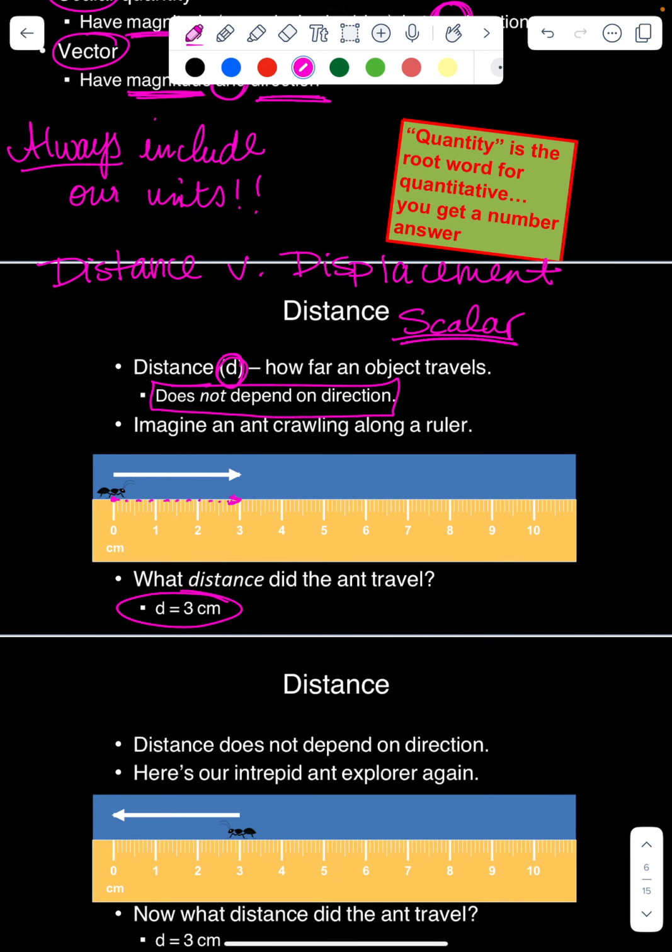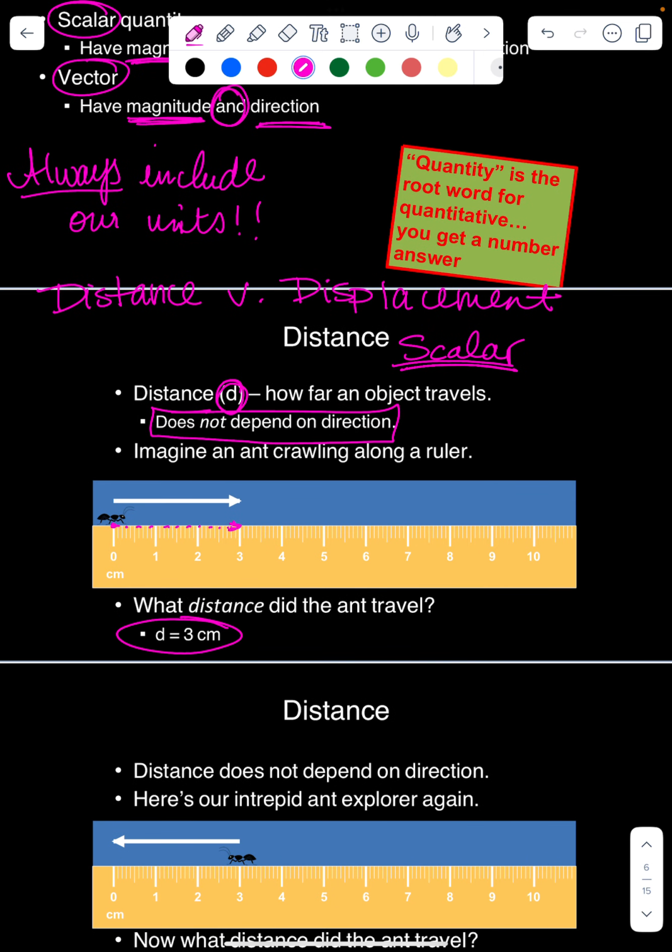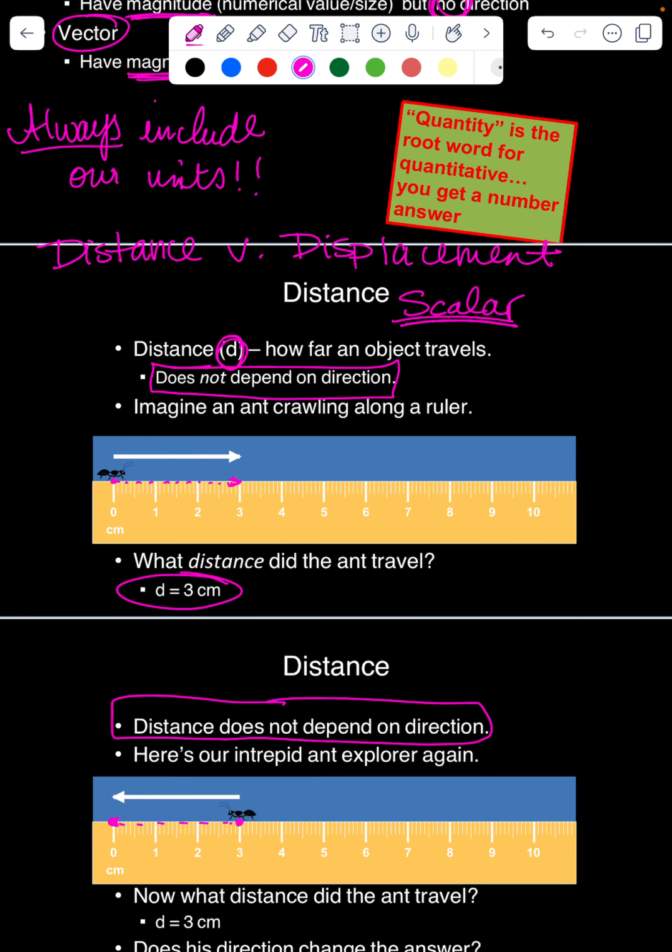Okay, now the same ant, look, now he is starting at 3 and moving to the left, and he's going to that 0. So what distance did the ant travel now? Because we know distance does not depend on direction, we just have 3 centimeters.